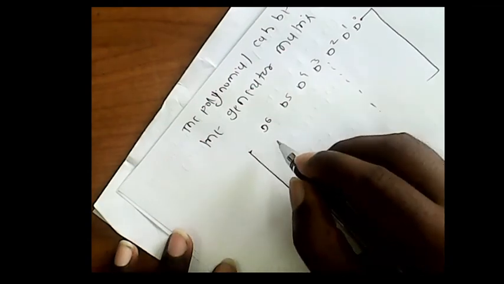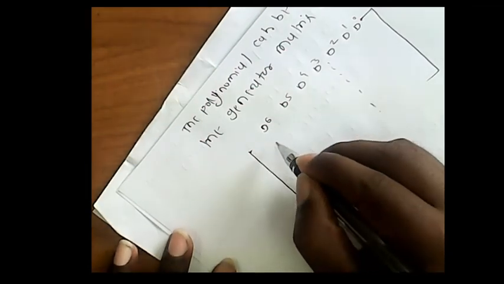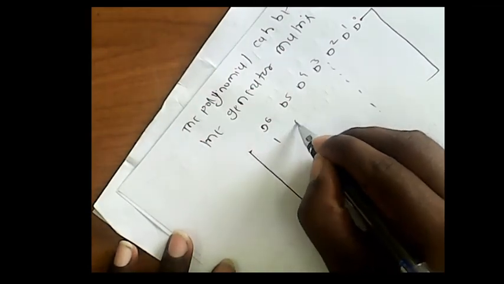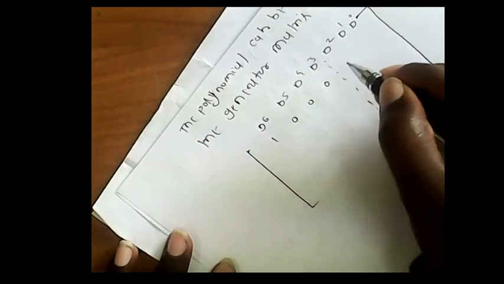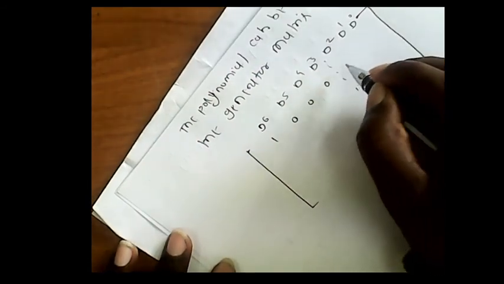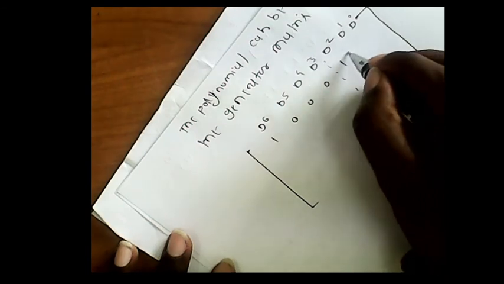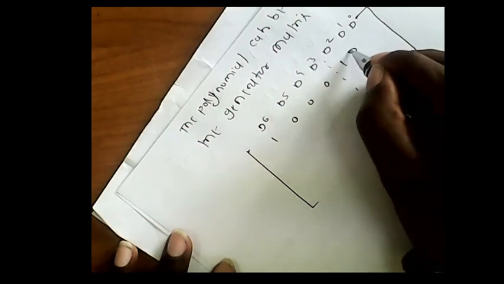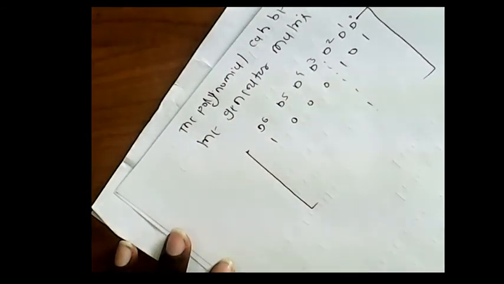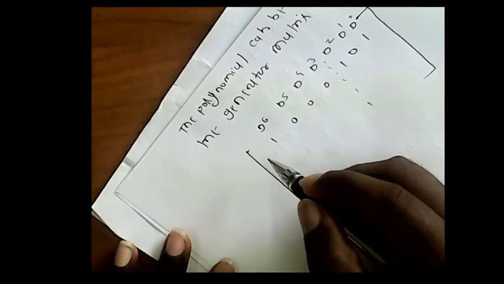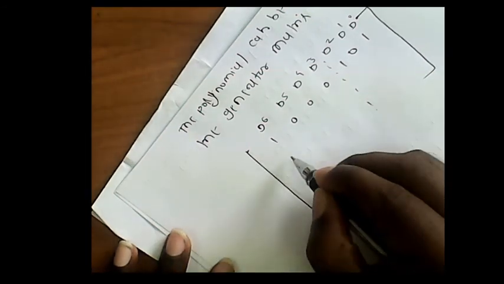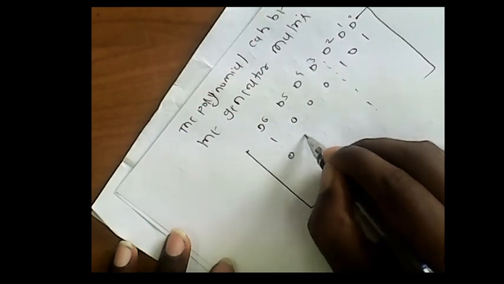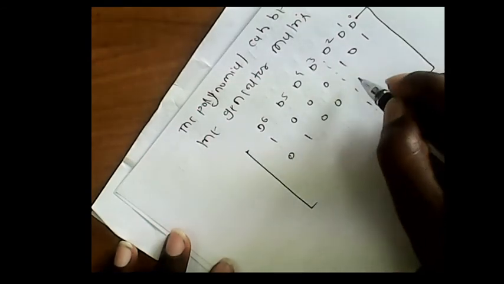So we can write down the first row, 1 0 0 0, which is obtained by solving. Then the second row in binary format: 0 1 0 0 1 1 1.